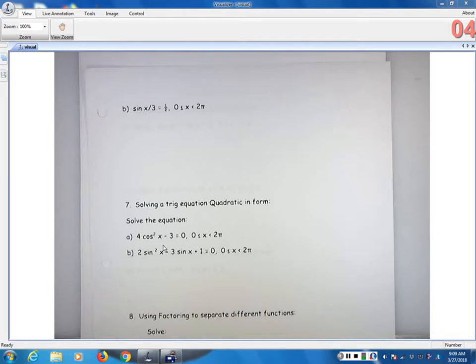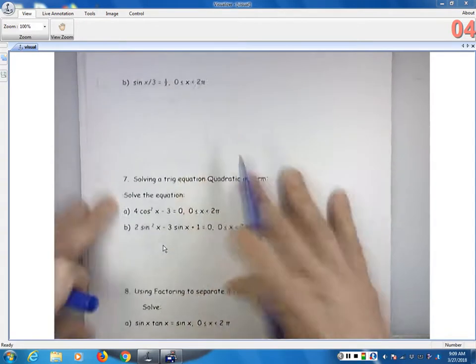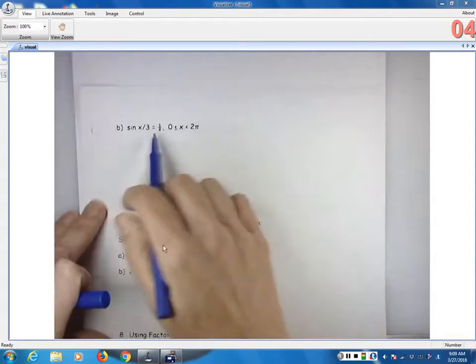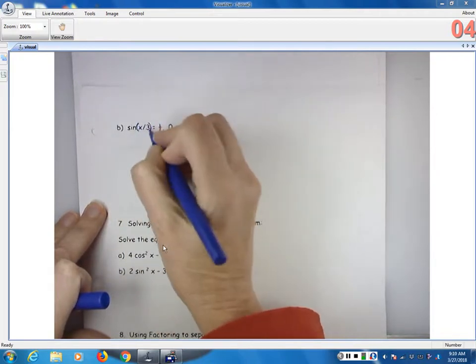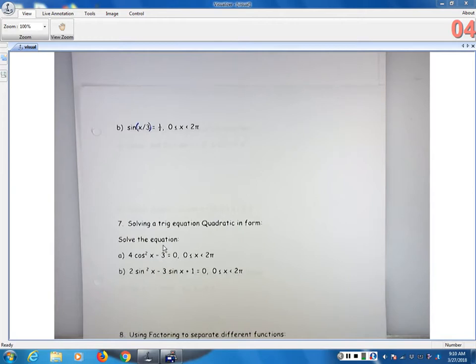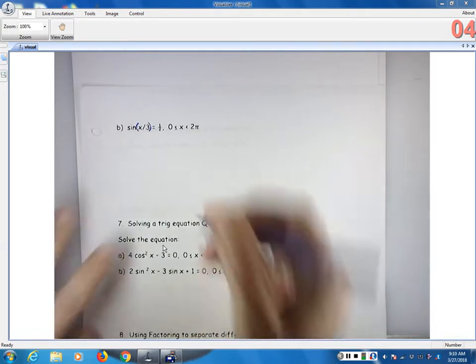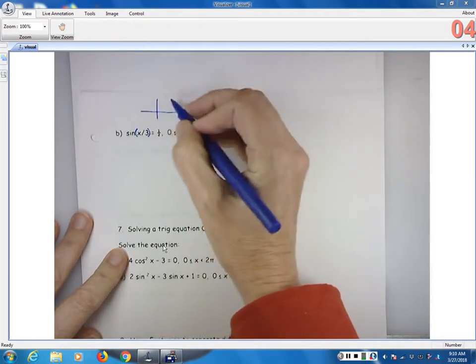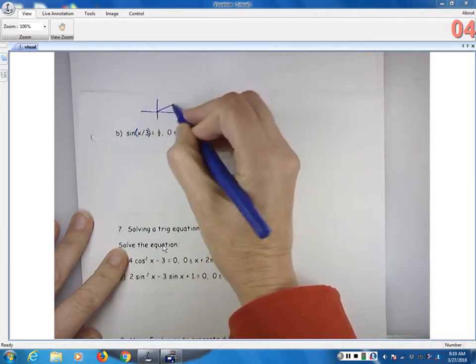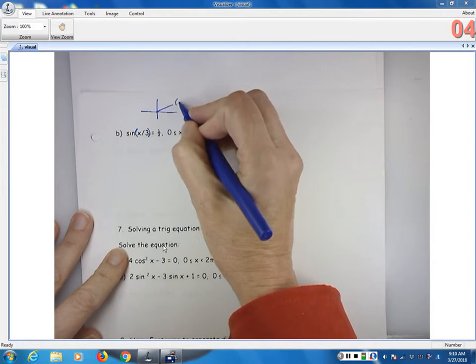Here's sine. It says sine of x over 3 equals 1/2. So if you look at your unit circle, sine is 1/2, because this is square root of 3 over 2, 1/2.